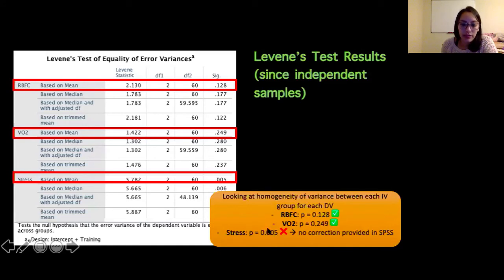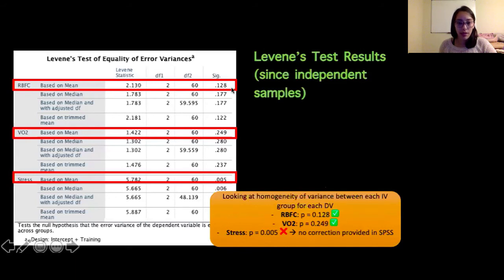Because there's no correction for this, what you would have to do is look at stress as a univariate test separate from the multivariate test. So basically, you'd run a one-way ANOVA for stress by itself, so that way you can get the correction for Levene's test, okay? But generally, the number of variables you have is the number of assumptions you have to check off, okay?